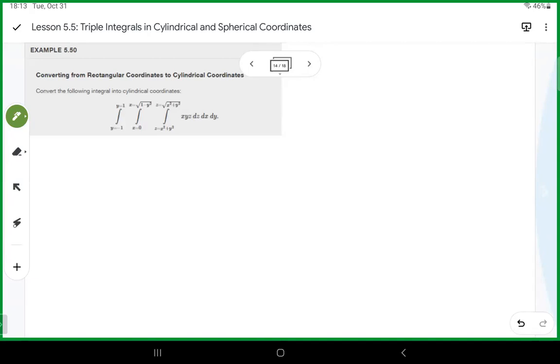It looks like we just need to do the conversion. So we know that the current ranges of the variables are -1 to 1, 0 to the square root of 1 minus y squared, and x squared plus y squared to z to square root of x squared plus y squared.